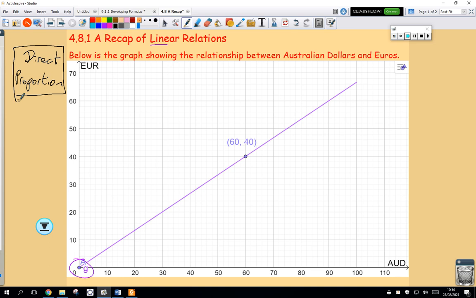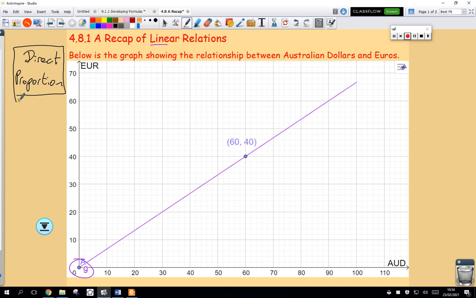What that means is, as one variable increases by a certain percentage, the other variable will increase by the same percentage. So if I double the number of Australian dollars, I will be doubling the number of euros. If I triple the number of Australian dollars, I'll be tripling the number of euros.